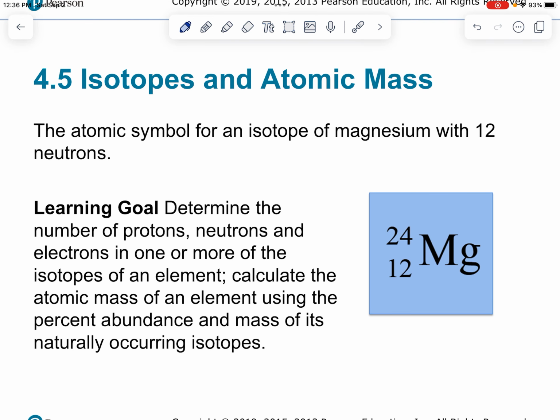Okay, so isotopes and mass. This is one way of denoting a specific isotope of an element. This is magnesium, we know that from the symbol.